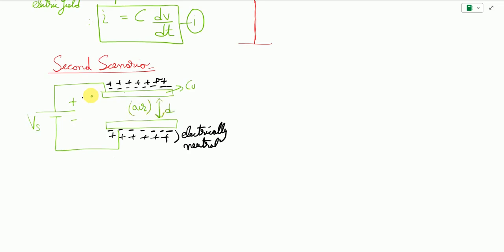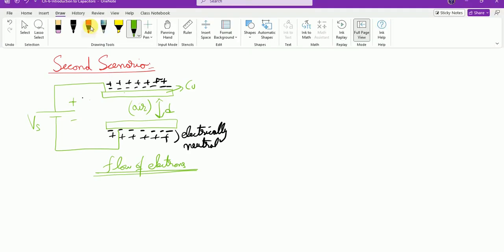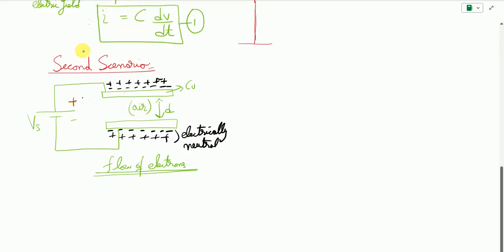As soon as we connect the battery, since this is the positive side, it is going to attract all the negative electrons from the top conductor plate. As soon as they reach here, they pass through this point, enter the negative side, and again they are pushed to the lower end of the battery.